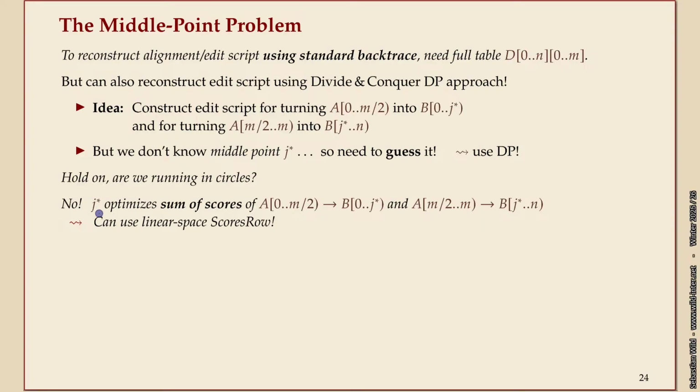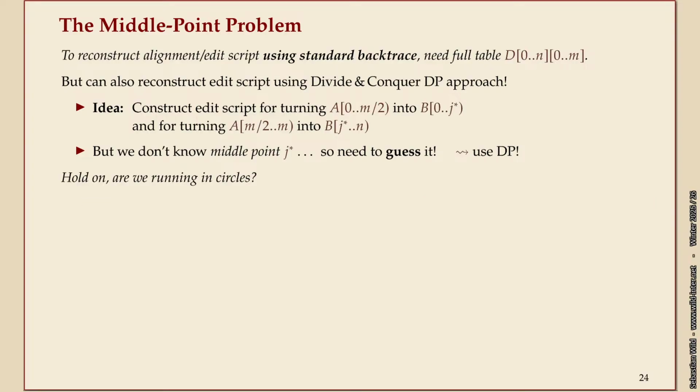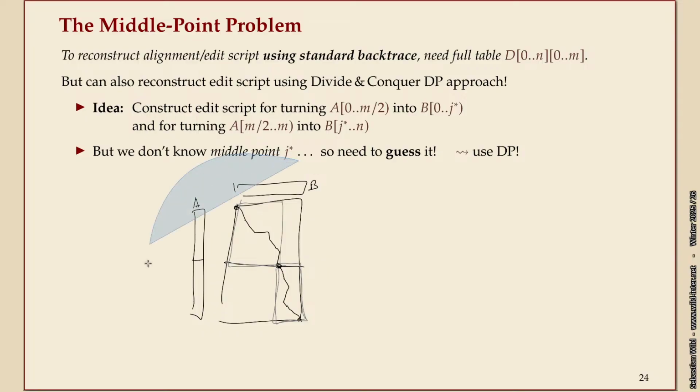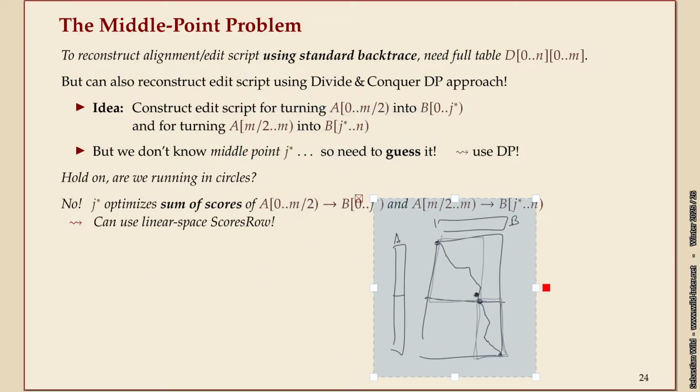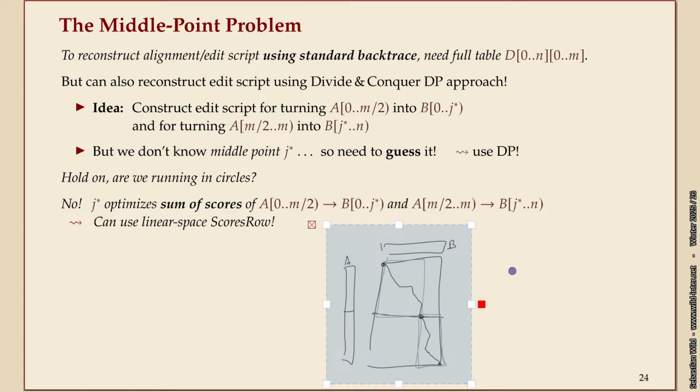The best breakpoint in this picture, maybe let me take that. Such a lovely drawing. The best place to make this cut, and this is our J star, is going to be the best way to go from the top left corner to some point here, and then the best way to continue from there.